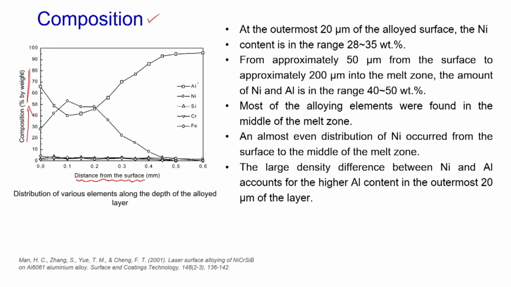So, the first is the aluminum. The empty square is aluminum, empty circle is nickel, empty triangle is silicon, the inverted empty triangle is chromium, and the rhombus is for the ferrous material.